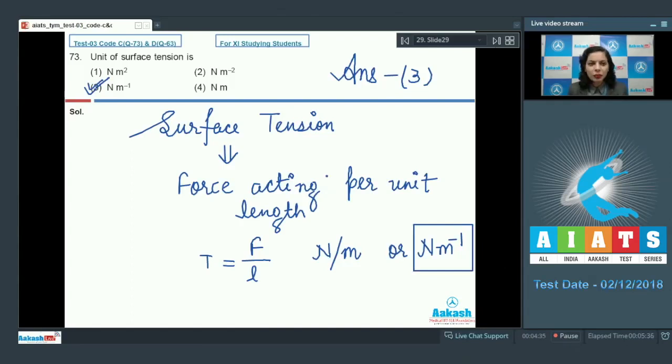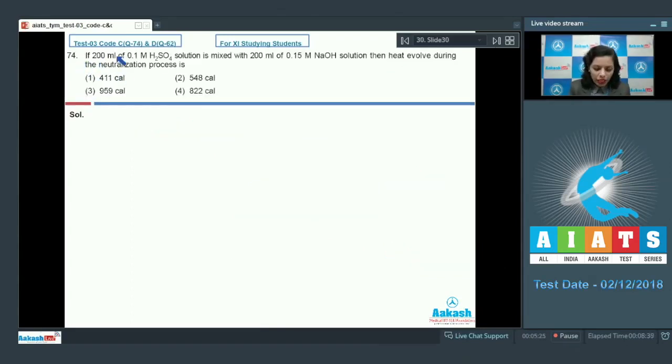Let's take the next question. Question number 74. If 200 ml of 0.1 molar H2SO4 solution is mixed with 200 ml of 0.15 molar NaOH solution, then heat evolved during the neutralization process is. What's the process that's going on here? We have H2SO4. It is mixed with sodium hydroxide.